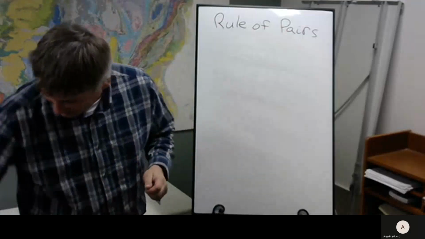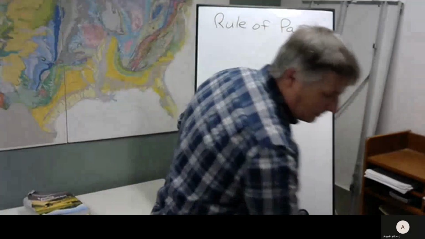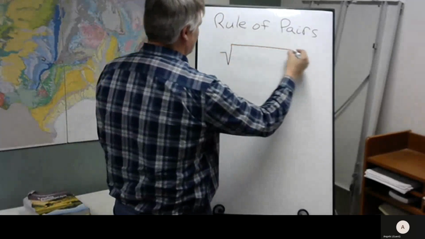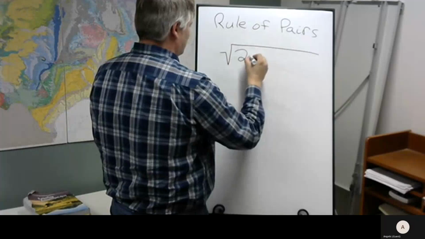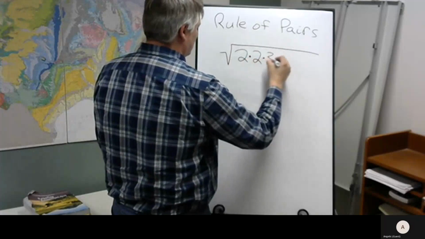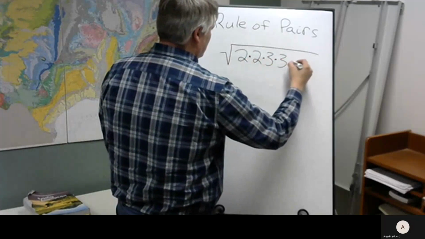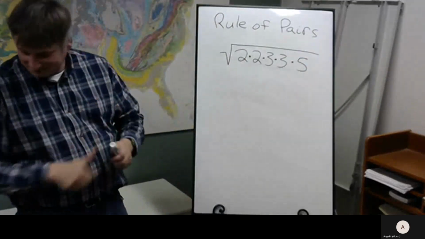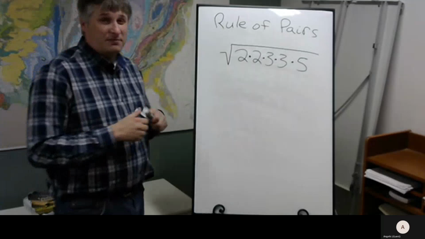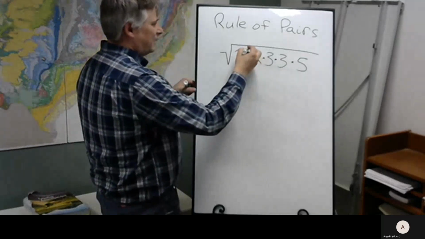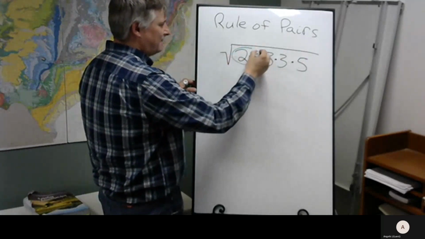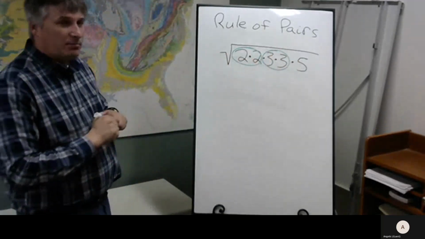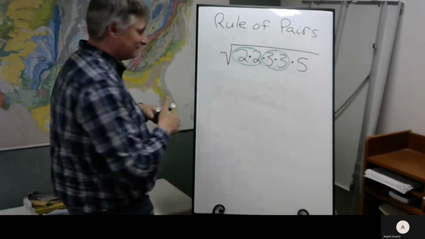I'm going to grab some pens. So what we're going to do, let's say we have something like this. Well, what this rule of pairs says is every time you have a pair of the same number in a square root, they'll pop out as a single number.